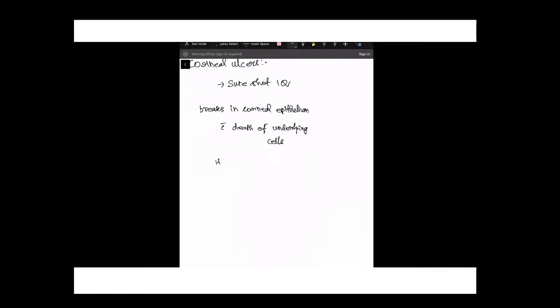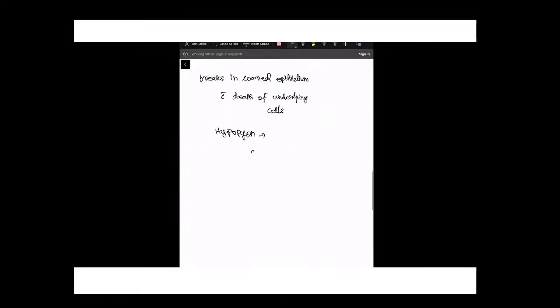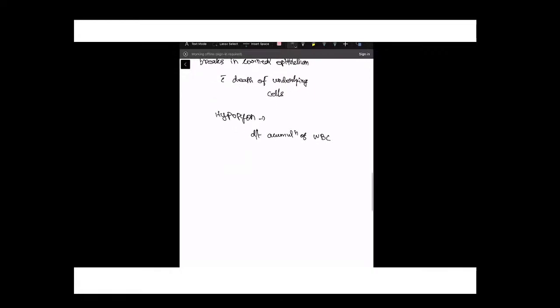There is formation of hypopyon. It is due to accumulation of WBC, white blood cells, since they are the first line of defense.